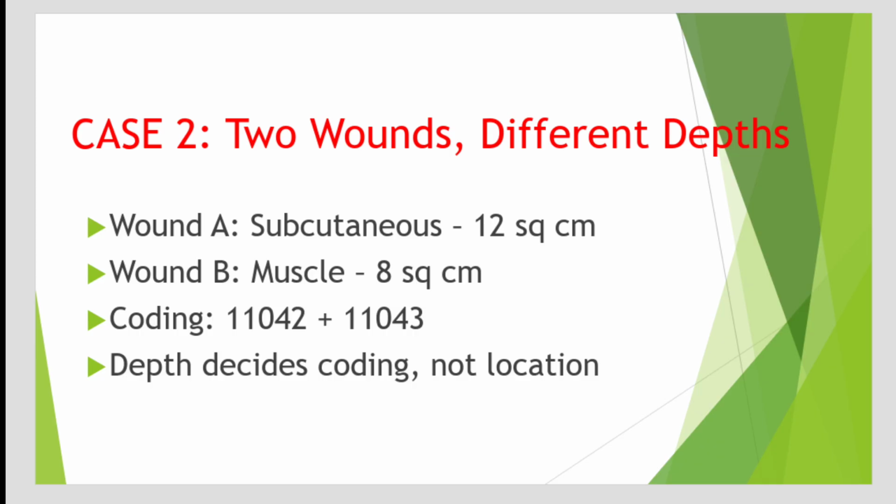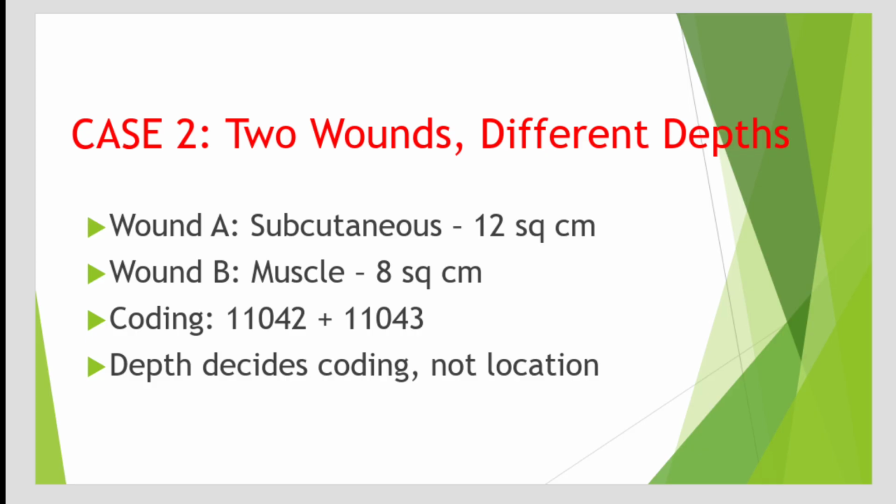Next, two wounds, different depths. Operative note, two wounds were debrided on the left foot. Wound A, subcutaneous tissue 12 square centimeter. Wound B, muscle tissue 8 square centimeter. Excisional debridement using curette.